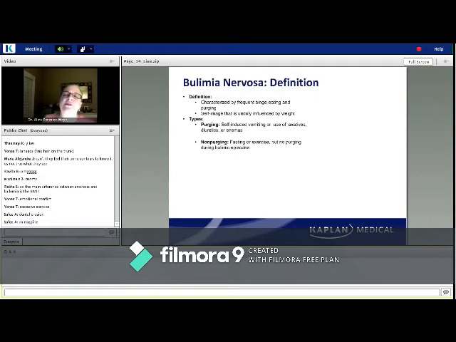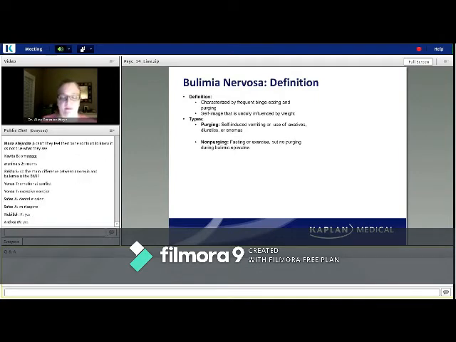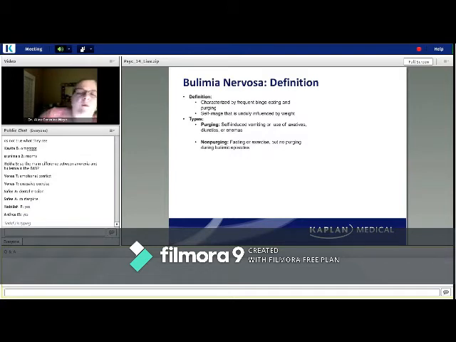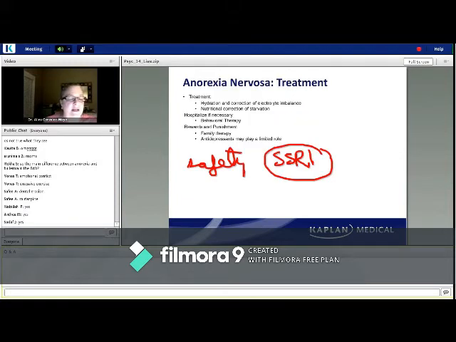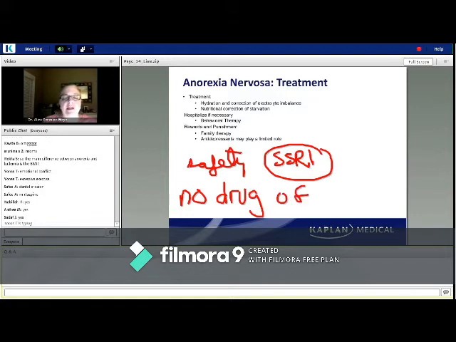Does everyone understand anorexia? Body image disturbance, incredibly low amounts of weight. Now, mirtazapine, I know you were taught in step 1 that mirtazapine is the drug of choice for anorexia. There is no drug of choice. So I don't want you to think that one drug is unique.